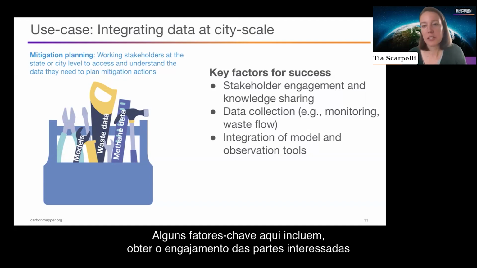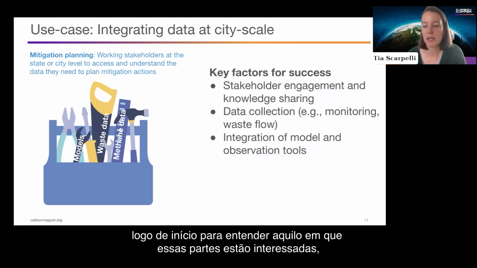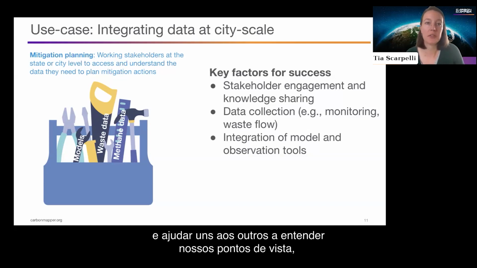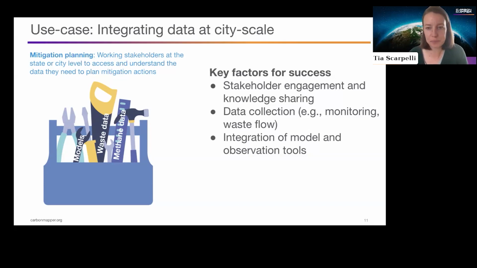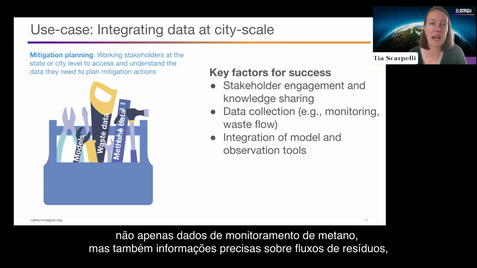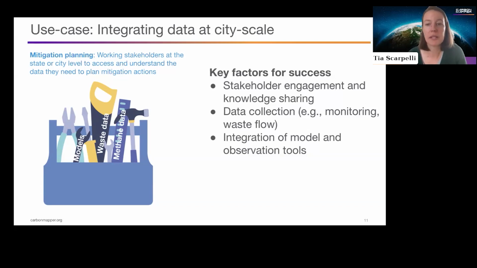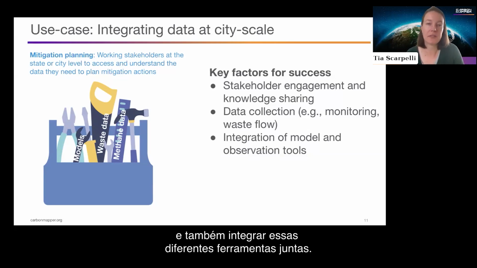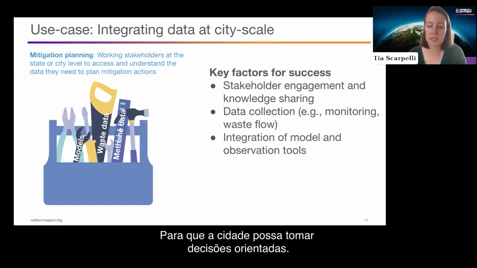Some key factors here are having stakeholder engagement early on to understand what it is that the stakeholders are interested in, and helping each other understand where we're coming from. Also having the data collection that's happening, not just the methane monitoring data, but also having accurate information on waste flows. And then integrating these different tools together so that the city can make informed decisions.